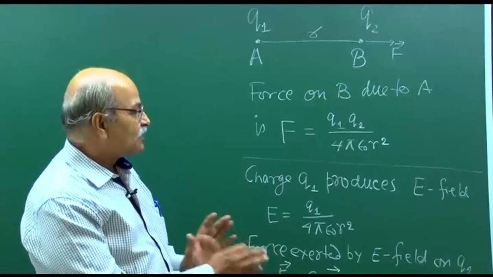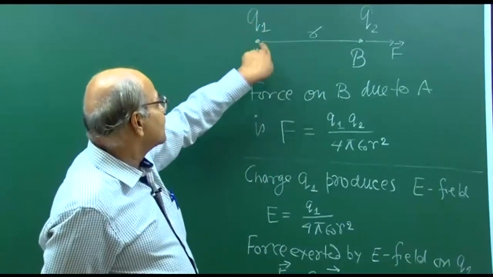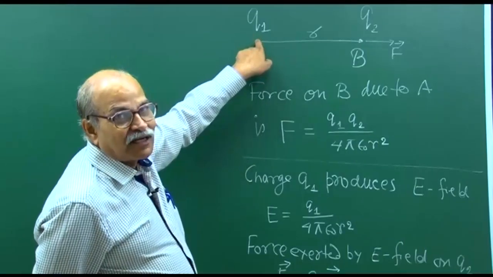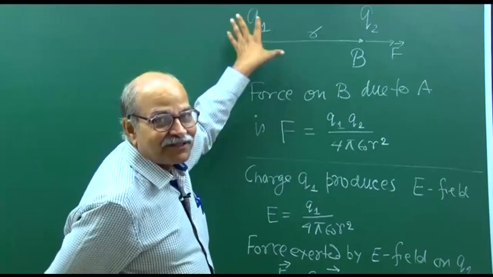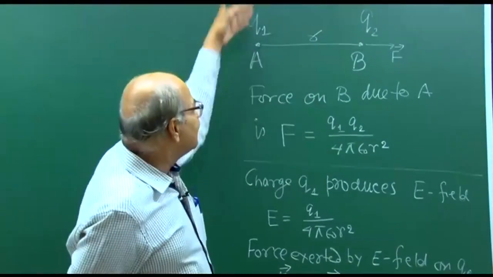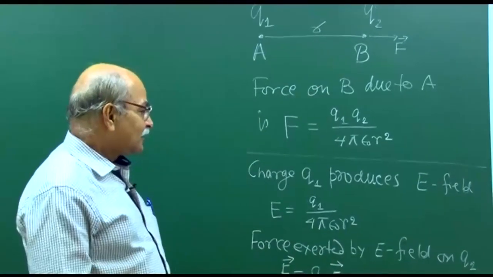So, that is how it has to be done. Of course, the field produced by Q1 will not exert force on Q1, that you can argue from symmetry. If it is there, in which direction the force will be, because the field is in all directions starting from Q1. So, all those things are there.